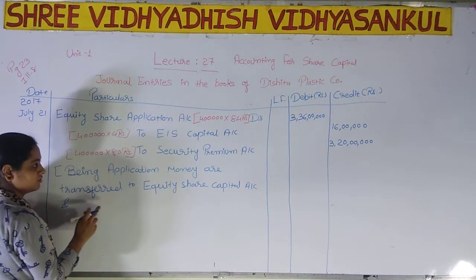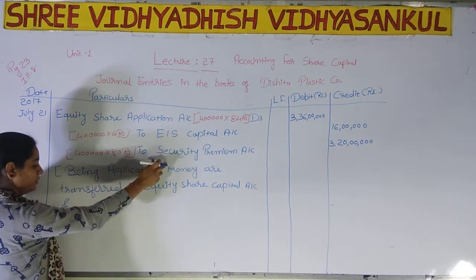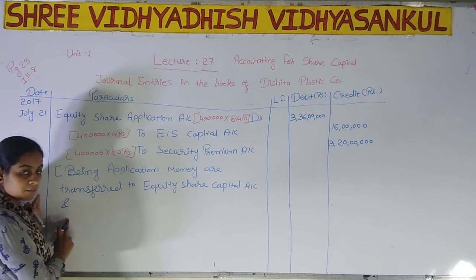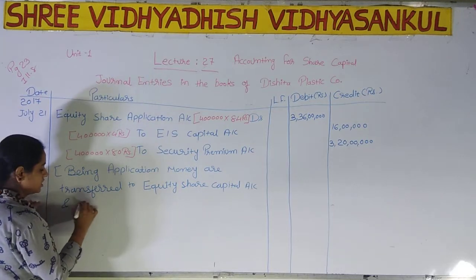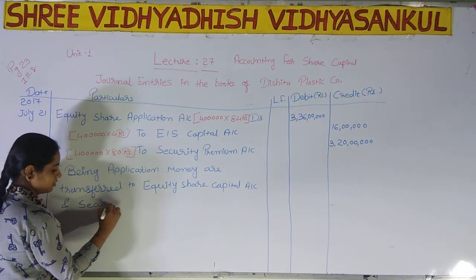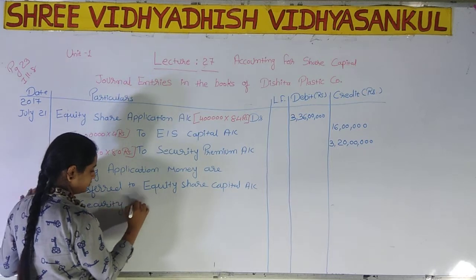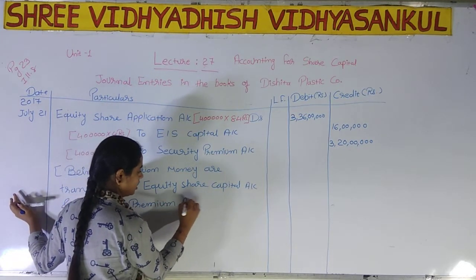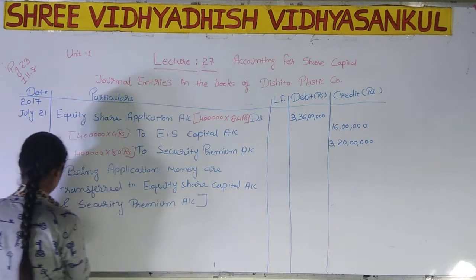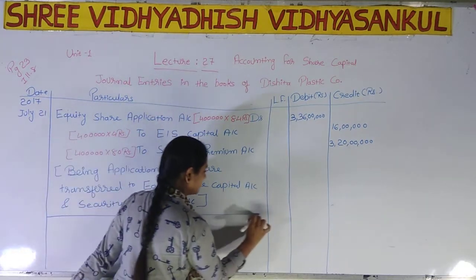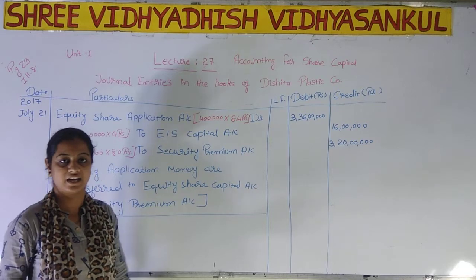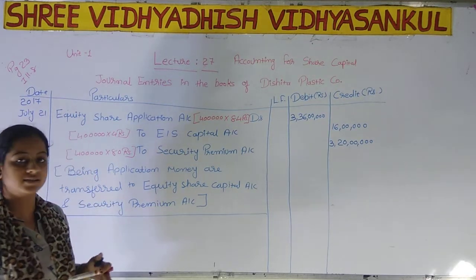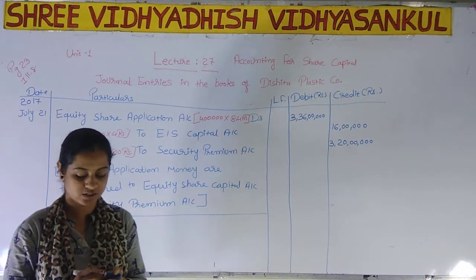And see, with this call we have demanded premium, so here we have to mention security premium account. Premium account, bracket over, underline, leave one line, then next, right? But before discussing next, write down this.